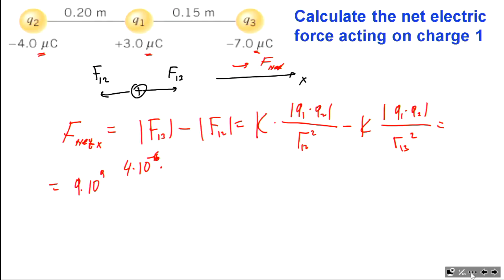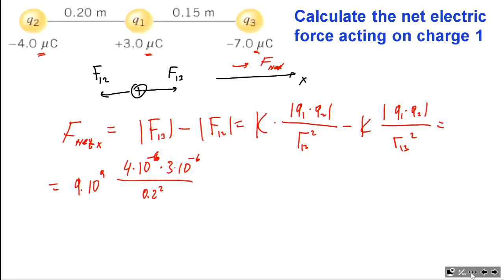The order of multiplication doesn't matter. I'm multiplying second and first, so I just look at it from left to right. Times 3 times 10 to the negative 6th divided by distance 0.2 meters squared.